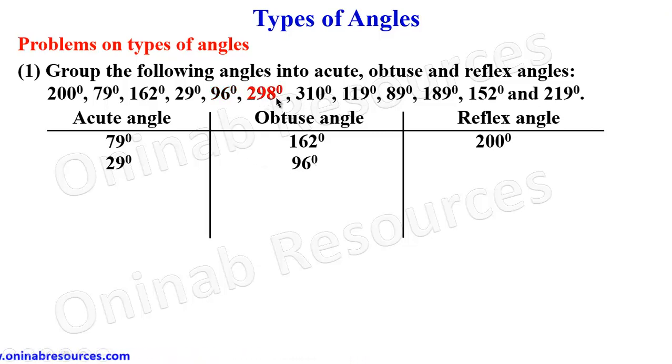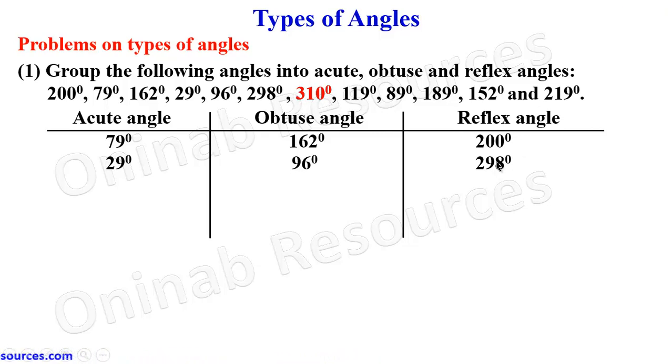Then we go for 298 degrees. 298 degrees is greater than 180 degrees but less than 360 degrees. It is registered as reflex angle. The next is 310 degrees. 310 degrees is very obvious.